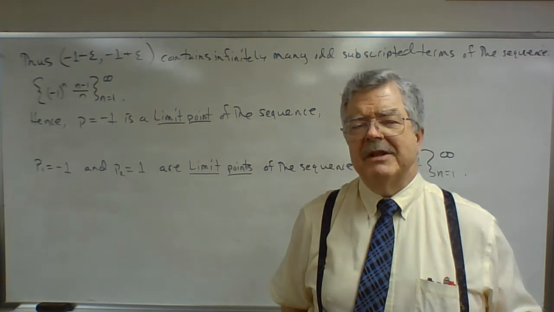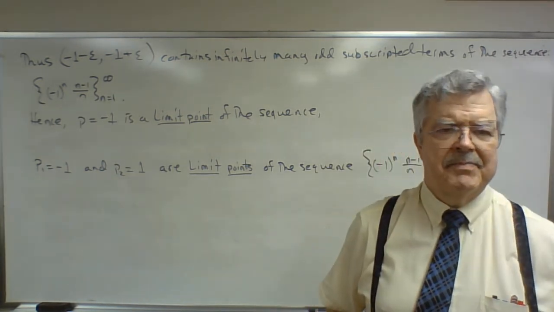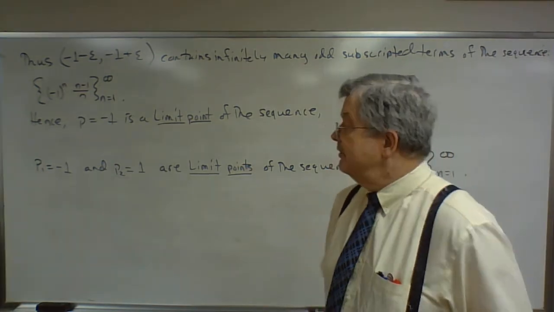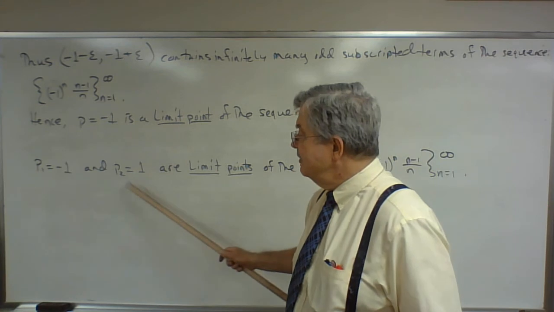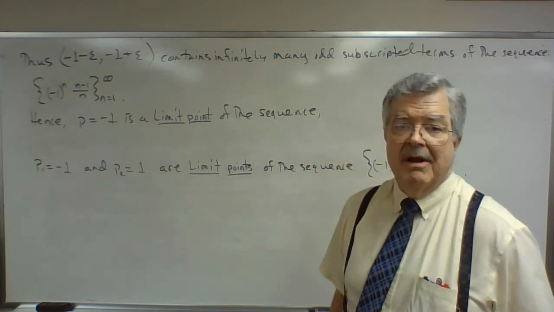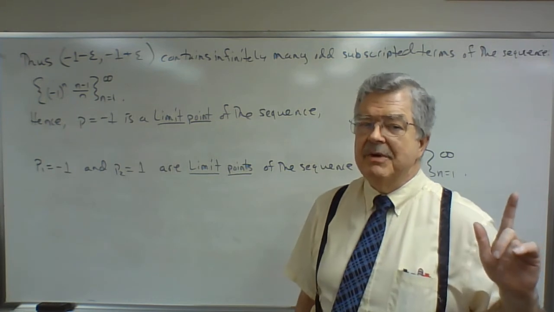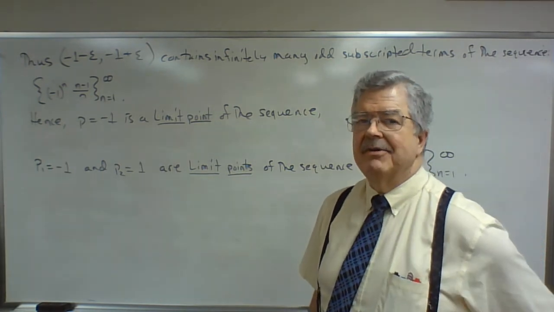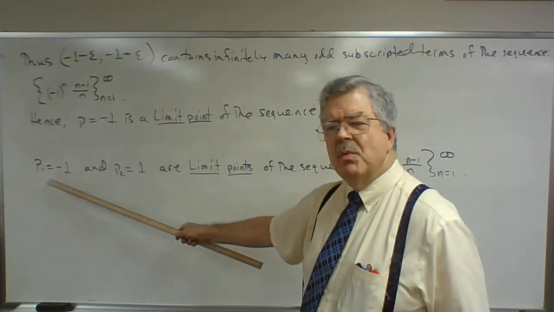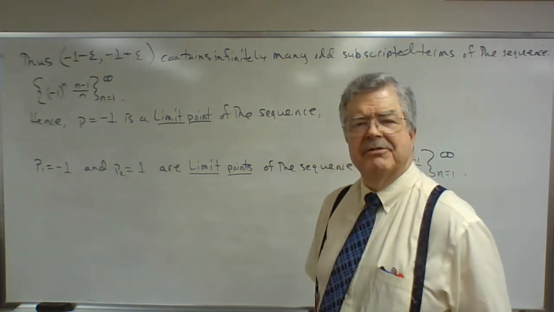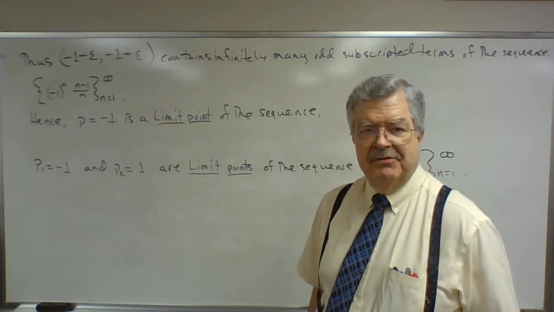So if the sequence does have a limit, there can only be one. So I guess we know that it's not true that both of these limit points are limits of the sequence, because the limit of a sequence is unique. So could maybe one of these two limit points be a limit of the sequence?